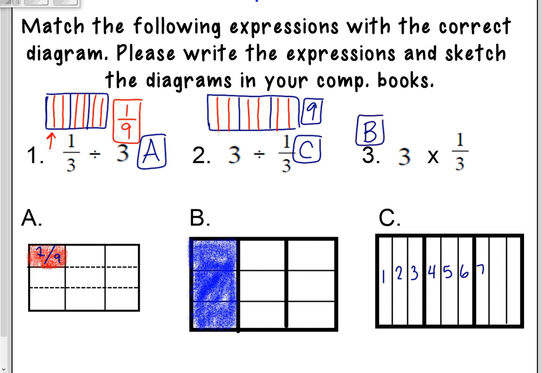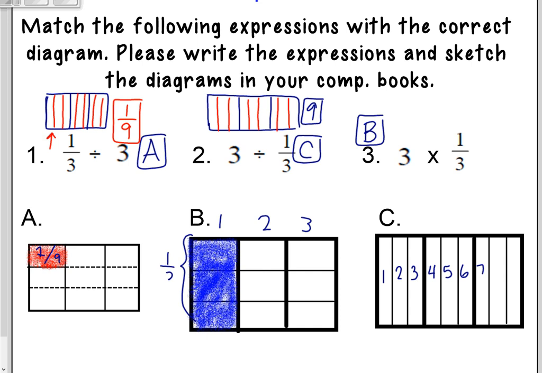Some of you will remember that we did this last week. If we take 3, and we multiply it by 1/3. So we have 3 wholes, 1, 2, 3 wholes, and we divide that into thirds.